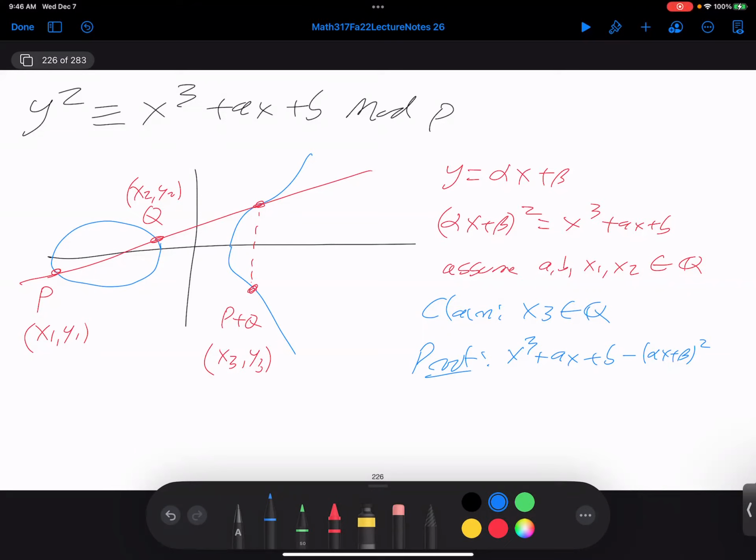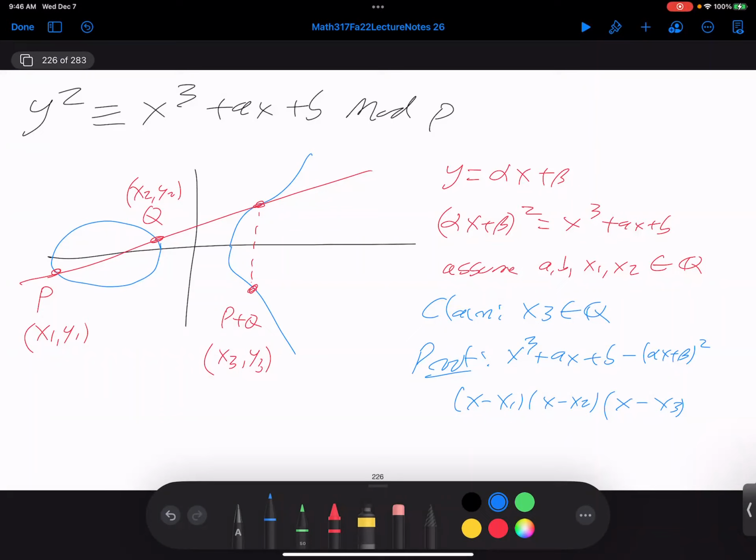x2. So I can factor this as x minus x1, x minus x2. And because the leading coefficient of x cubed is 1, it's got to be x minus something. Let's call it x minus x3, where x3 is the third root. We know everything in the first line, x cubed plus ax plus b minus alpha x plus beta squared. Everything in that line is rational.